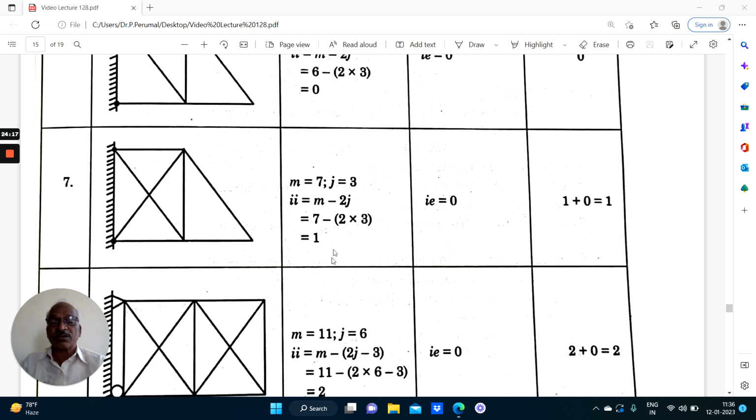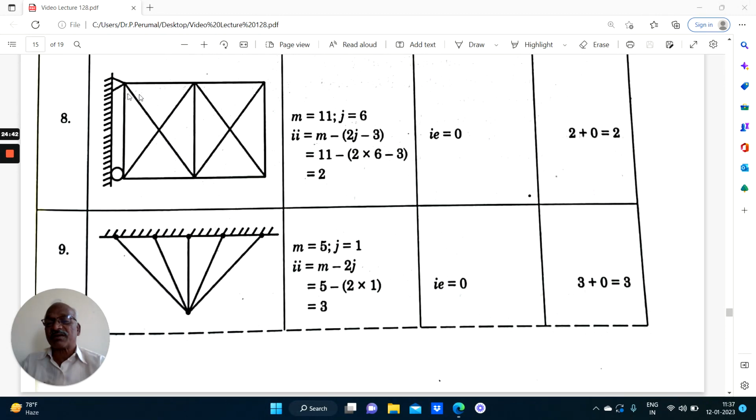Therefore, II equal to M minus 2J. So 7 minus 2J, it is 1. Now you can easily understand that when you have one extra diagonal member other than a basic triangle, you can easily identify whether the truss is determinate or indeterminate. I equal to 1, E equal to 0. So totally it is 1 degree indeterminate.